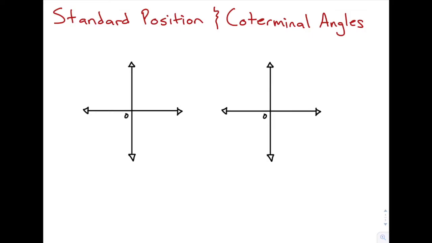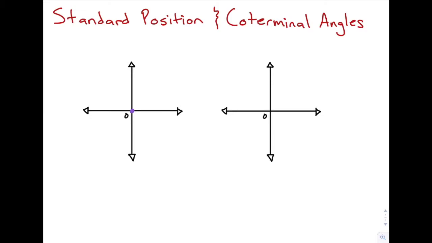Now as we begin to work with angles and radians, and as we trace out radian and angle measures, we need to have a frame of reference from which to work with these measures. So we say an angle is in standard position if it is drawn in the xy plane with its vertex at the origin and its initial side on the positive x-axis.